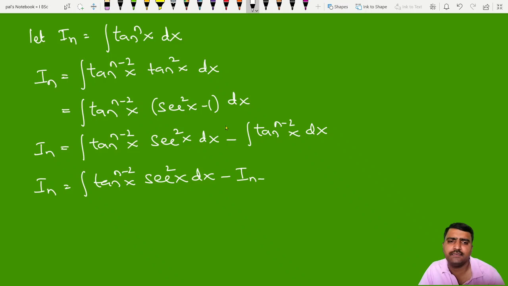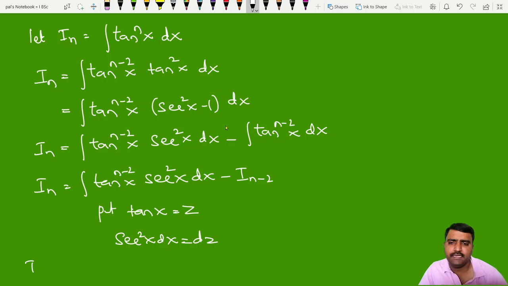This is because what is I_n? Integration of tan to the power n x dx can be written as I_n. Similarly, you can write this as I_{n-2}. To integrate the first term of the right hand side, you take one substitution. Put tan x equal to z. Then differentiation of tan x is secant square x dx equal to dz.